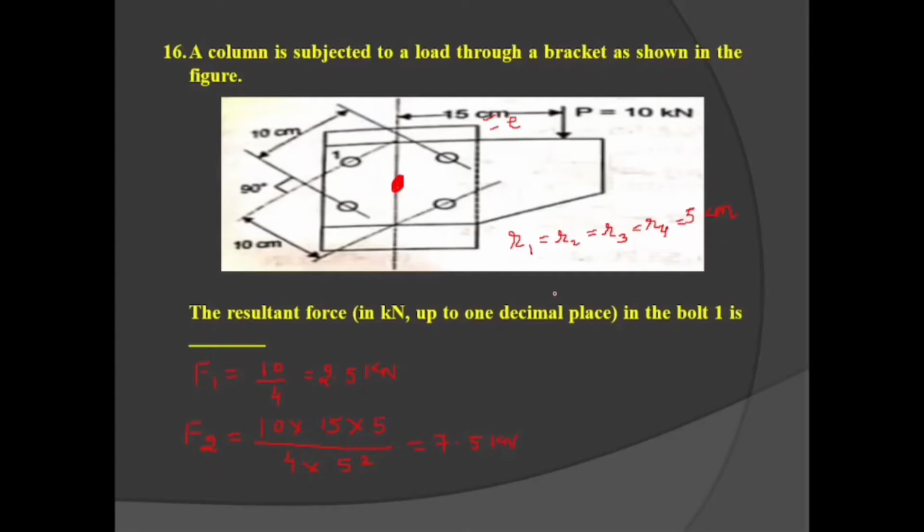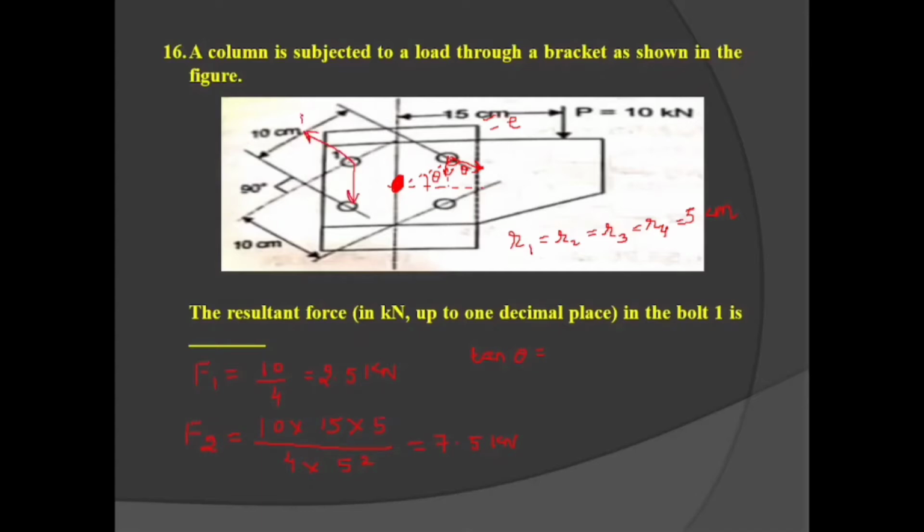Now let's calculate the value of theta. Theta calculation is very simple. From here to here, if this is theta, this is adjacent value of F1 and F2, so this will also be theta. Okay, so tangent of theta is equal to 5 divided by 5. Since we have to calculate the resultant force in the bolt number 1, the directions are like this.